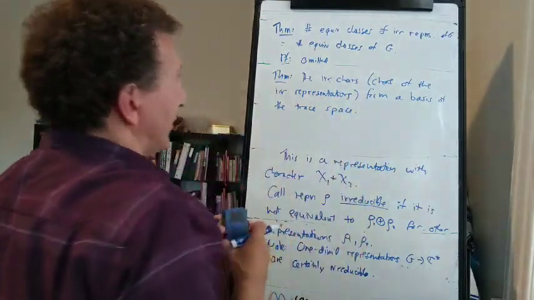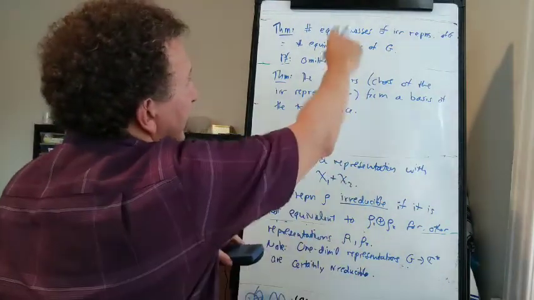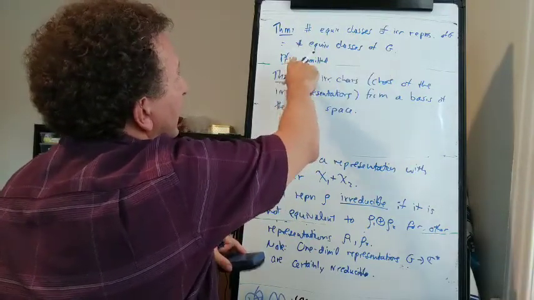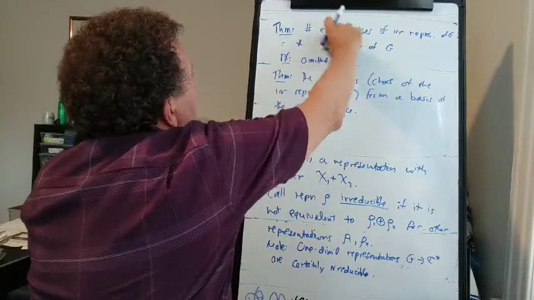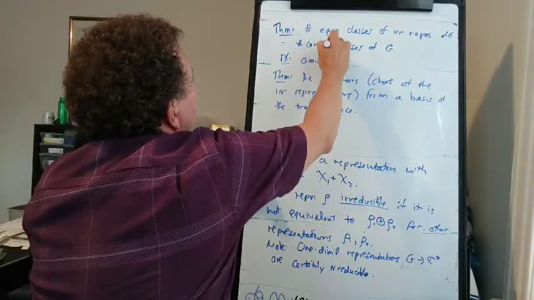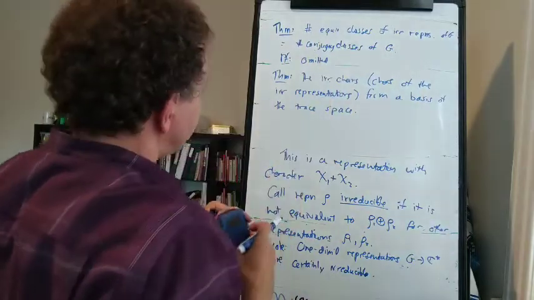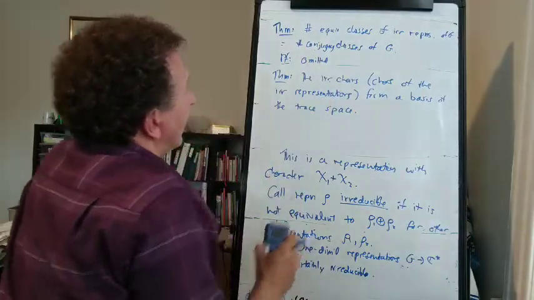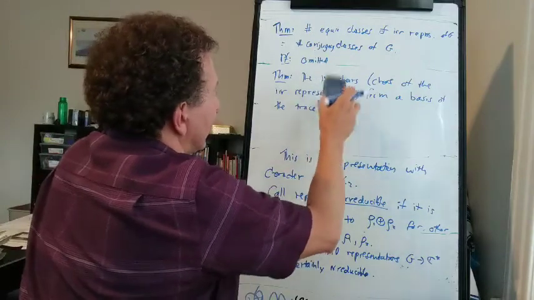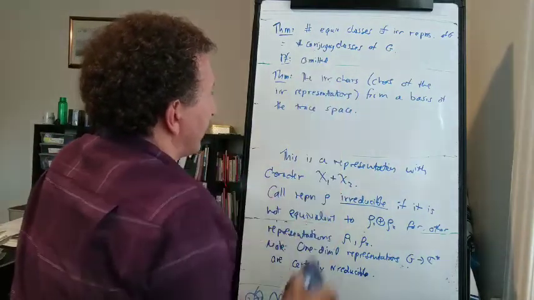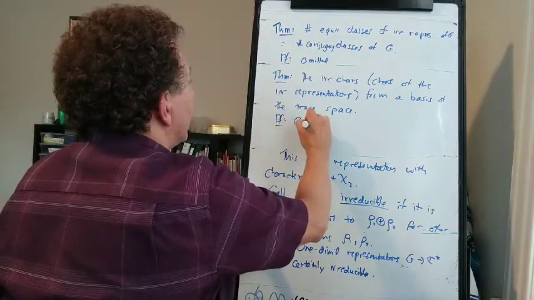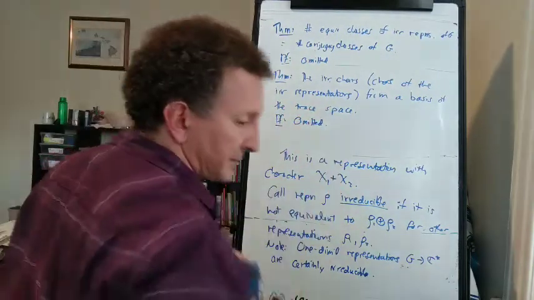So there's the right number of them because the number of equivalence classes of irreducible representations is equal to the number of conjugacy classes in G. And that's the dimension of the trace space. It turns out that these irreducible characters are linearly independent, therefore they form a basis. Again, I'm omitting this proof.